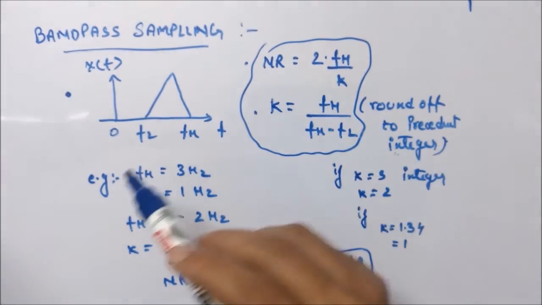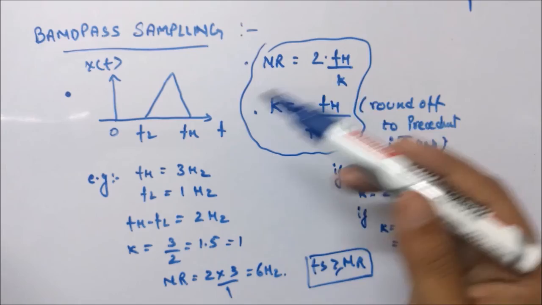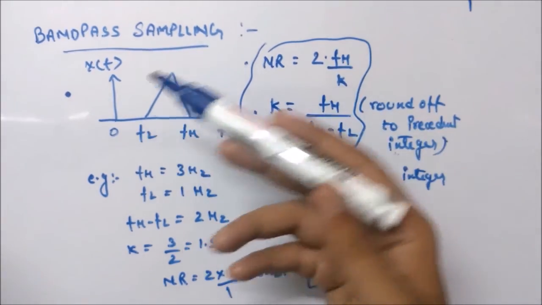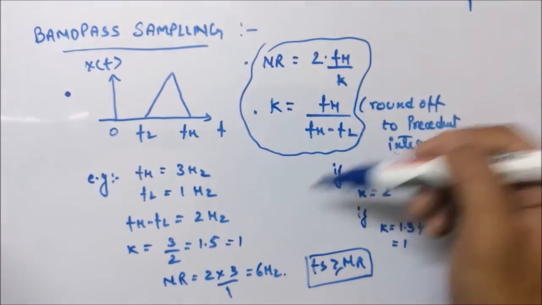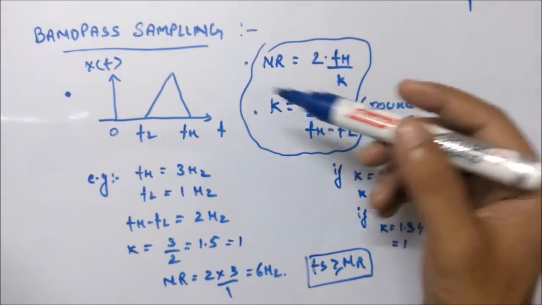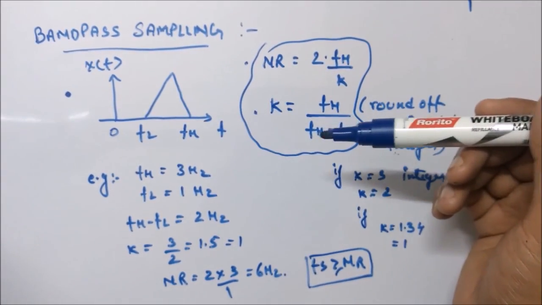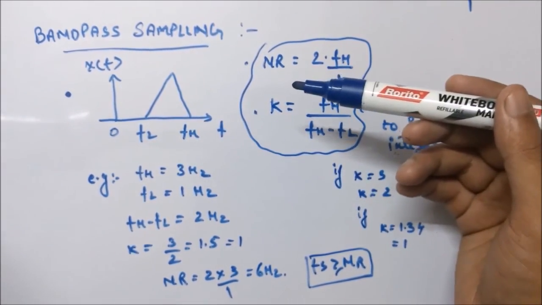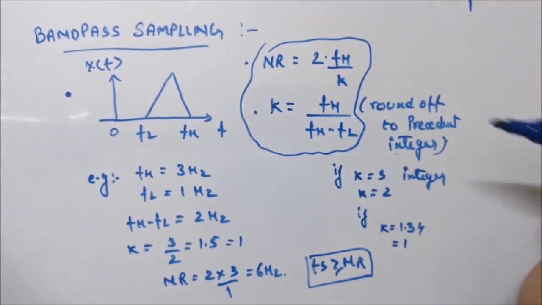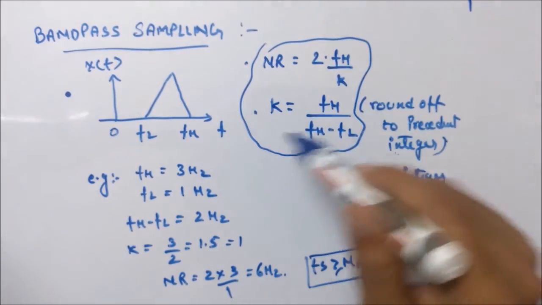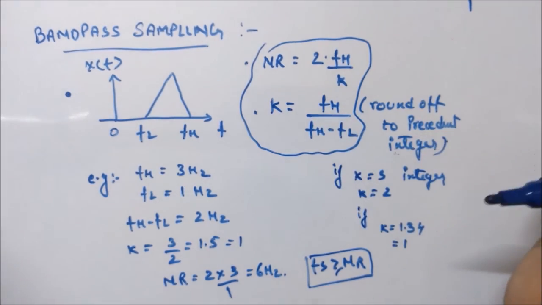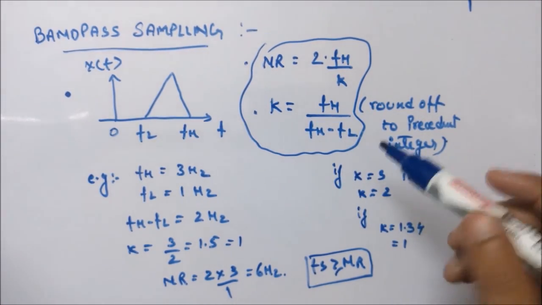When you come up with some high frequency signal or band pass signal, that's the way you sample it. You cannot go by the low pass sampling technique, or you cannot sample the low pass signal via the band pass sampling technique. So that's the difference I wanted to make here.